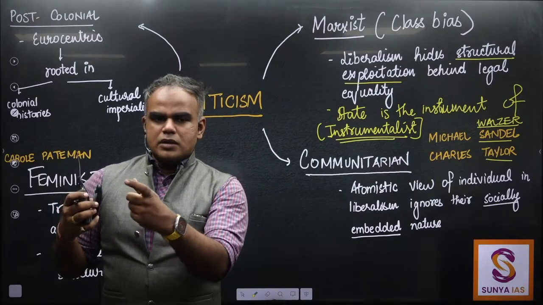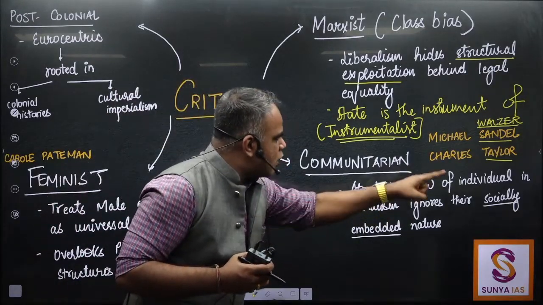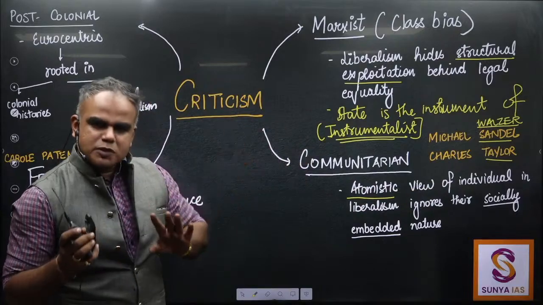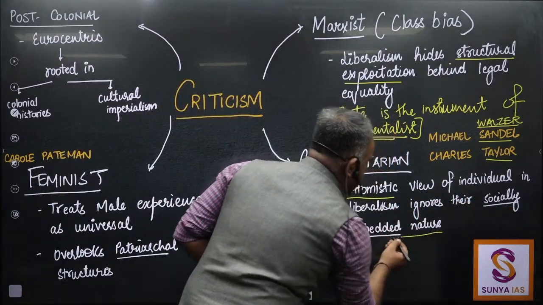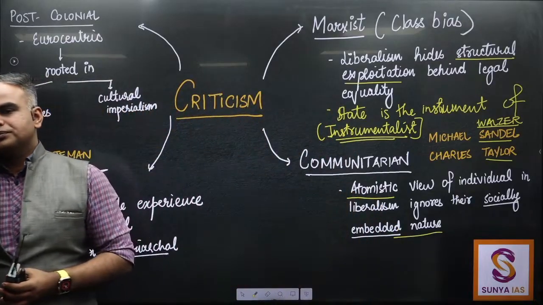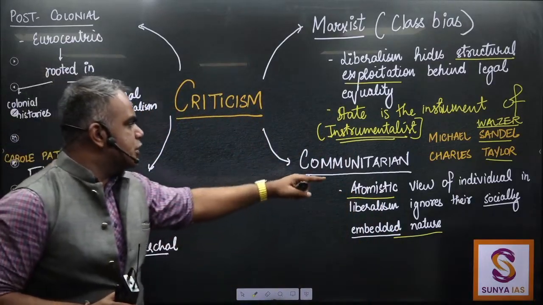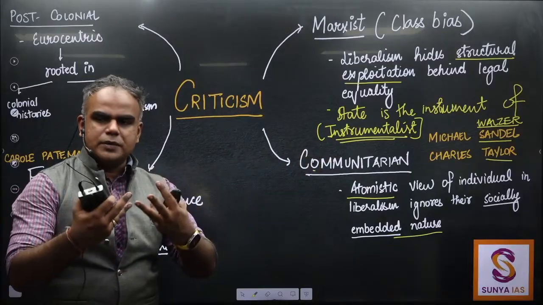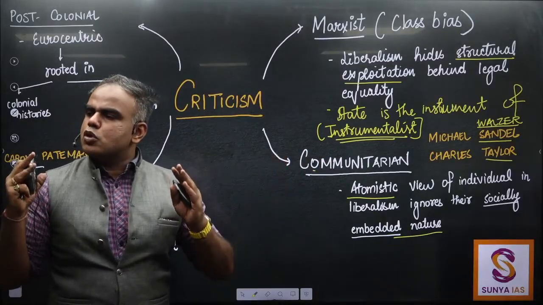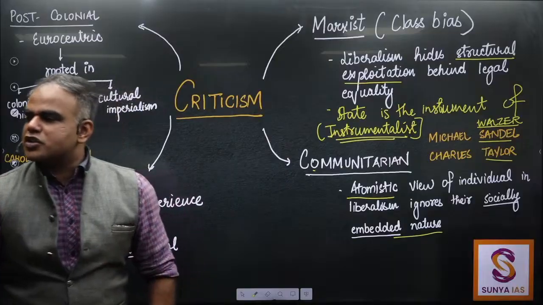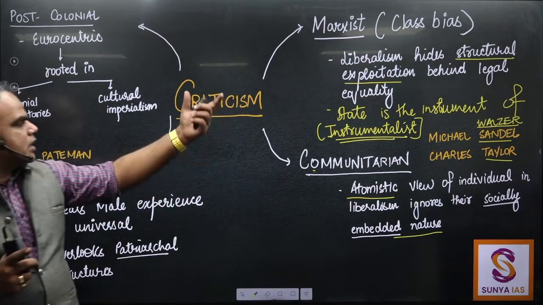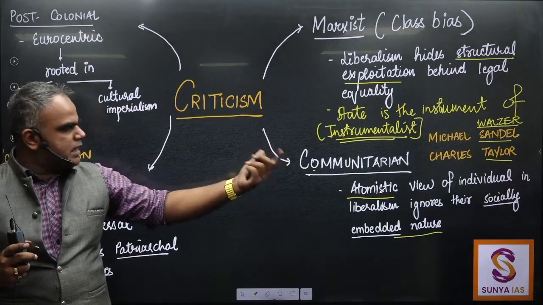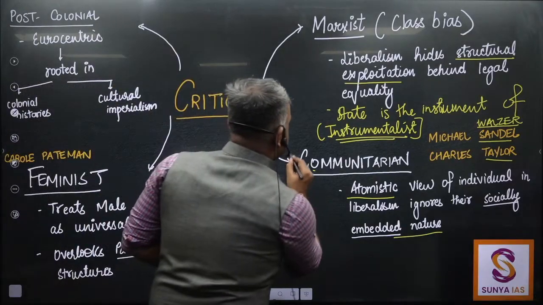The communitarians criticize this atomistic view because they say people have a socially embedded nature. They always give primacy to social bonds and social structures, but this is always ignored by the liberals.